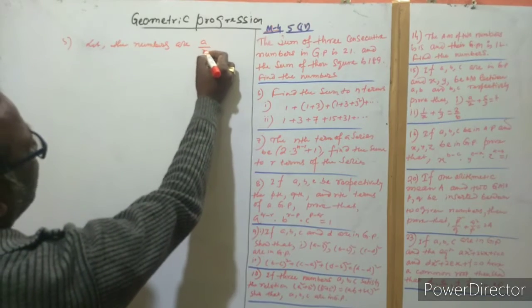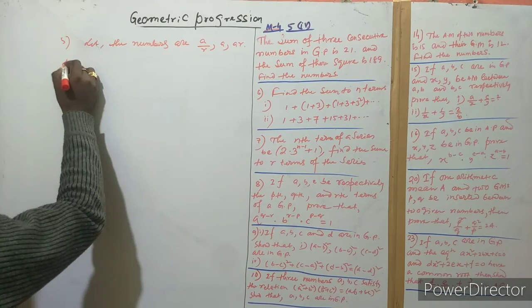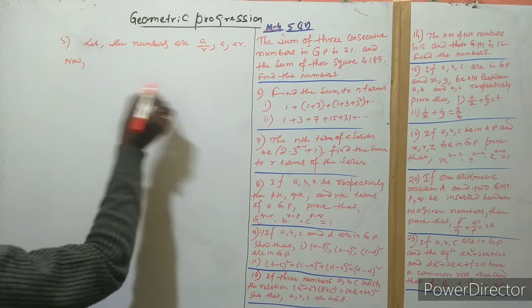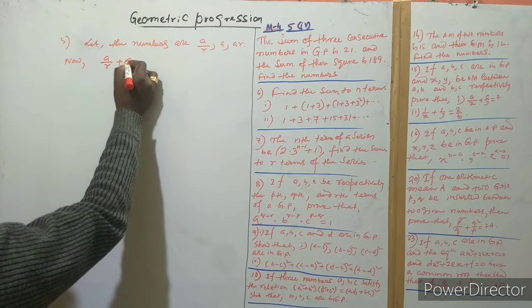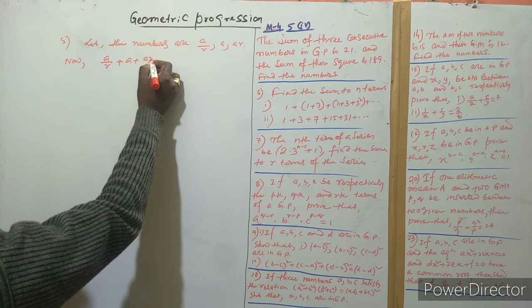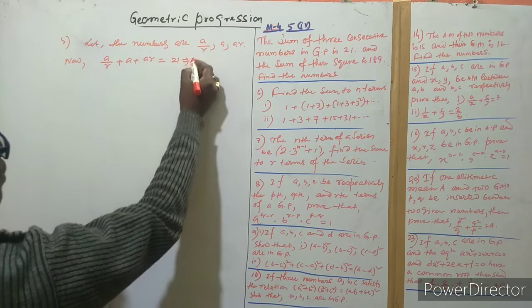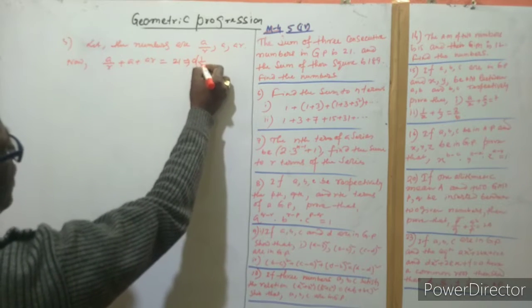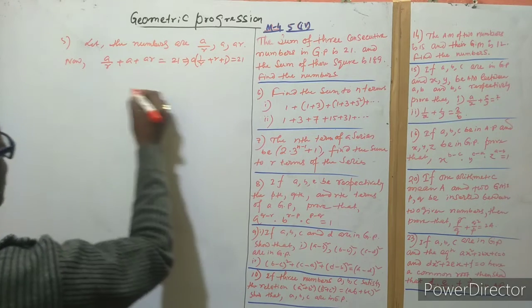be a/r, a and ar. Now by the given conditions, a/r plus a plus ar is equal to 21. Taking a common, a times (1/r plus 1 plus r) is equal to 21.